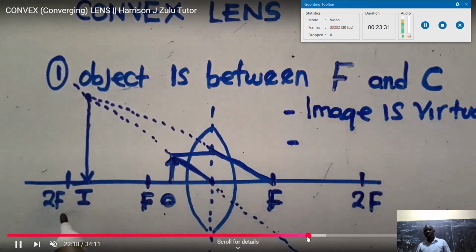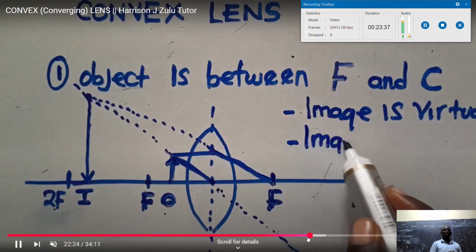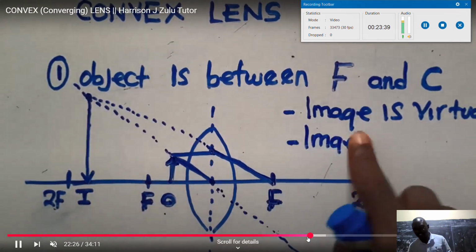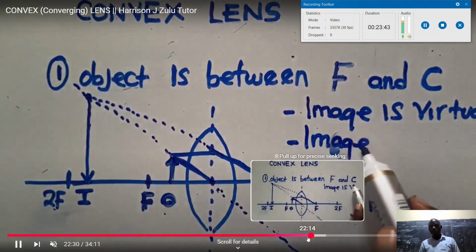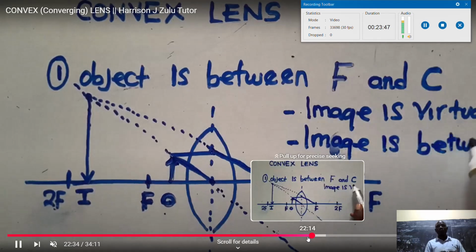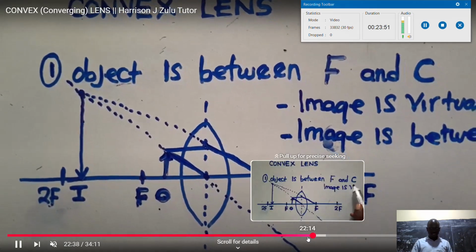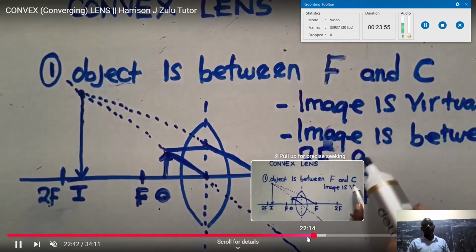Obviously, since they are dotted, I have talked about a virtual image, and that's why we say that this image I is a virtual image, because it is formed by the intersection, or by meeting, of virtual or imaginary light rays. That's the reason why we are saying it is virtual.